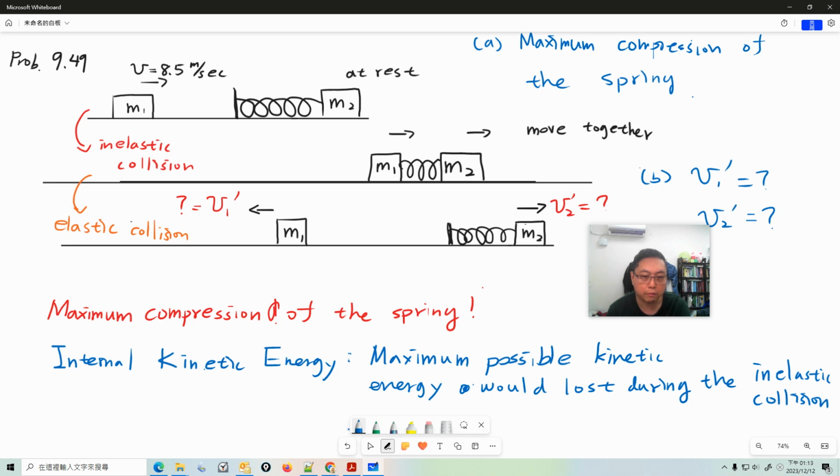Yeah, the meaning of the internal kinetic energy is the maximum possible kinetic energy that would be lost during the inelastic collision.